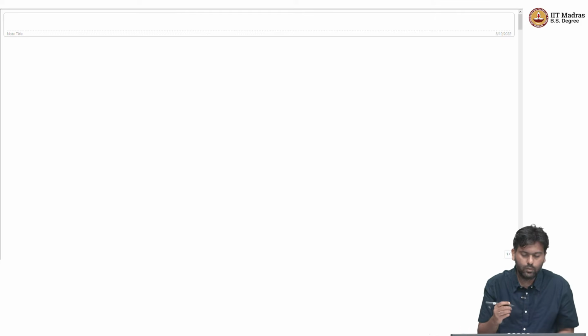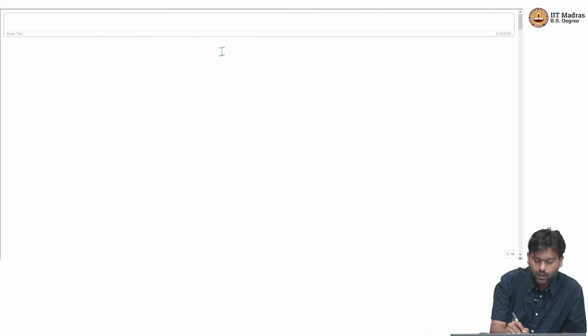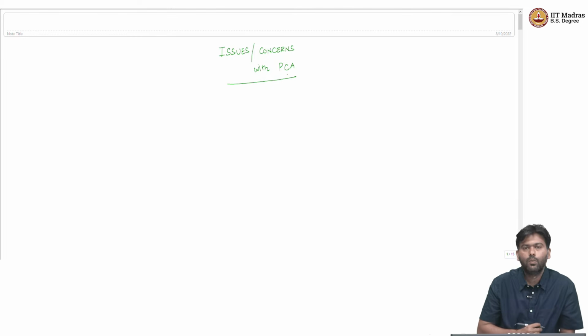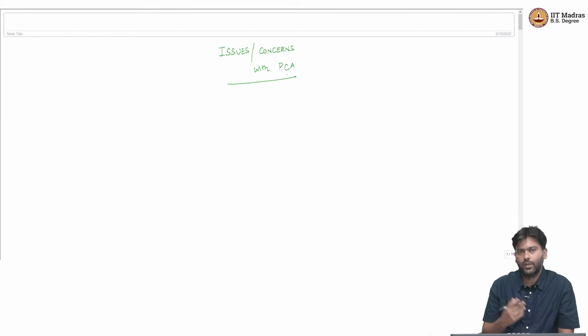Okay, so the next thing that we are going to look at is issues or concerns with PCA. So we'll point out two main issues or concerns with PCA, and then try to fix both of them in the course of time.